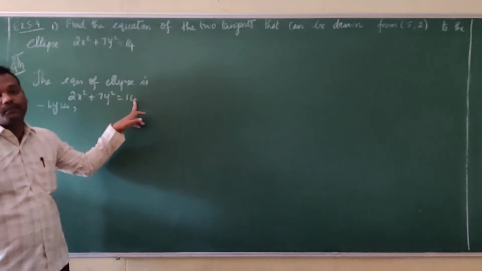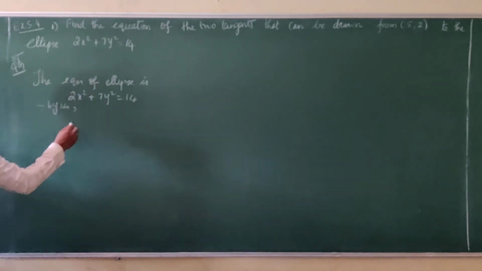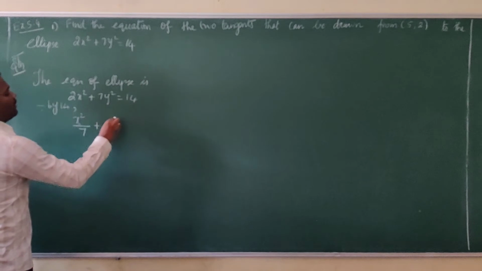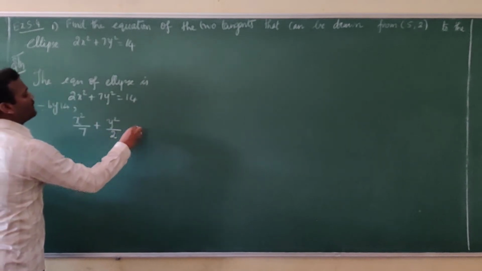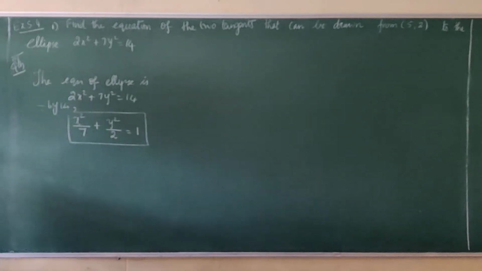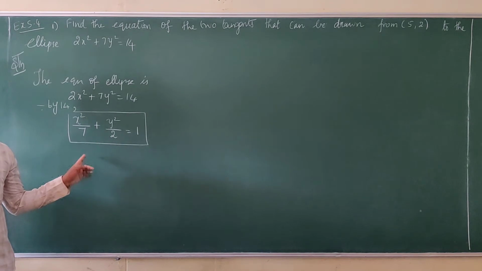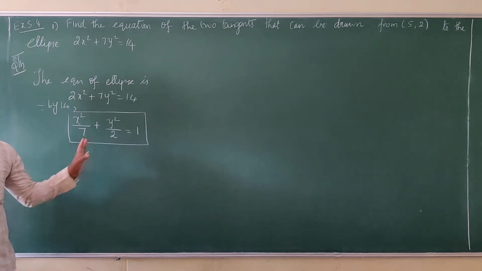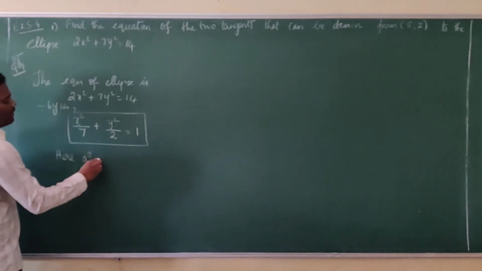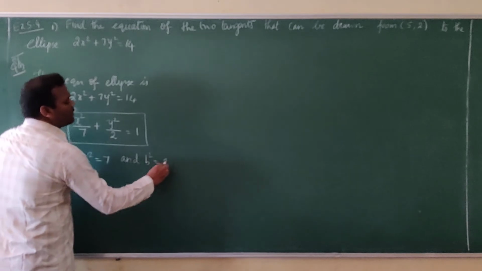Since the right hand side is 14, you have to divide the total equation by 14. When you divide the total equation by 14, you will get x²/7 + y²/2 = 1. So we have written the equation of the ellipse in standard form. Here you have to take the greater number as a² and the smaller number as b². So here you have a² = 7 and b² = 2.